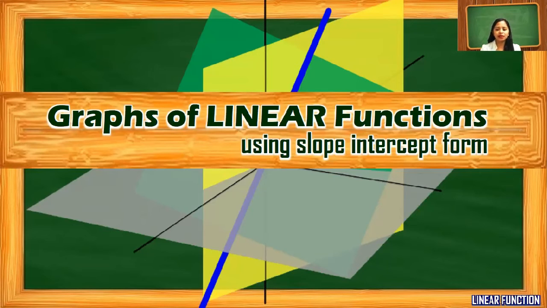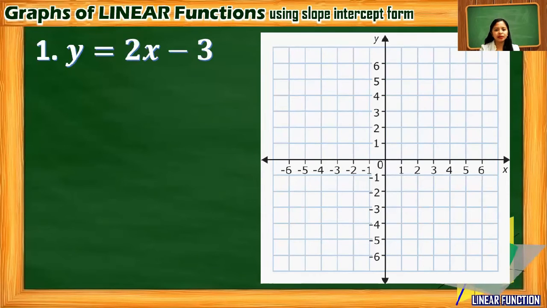There are many ways of graphing a linear function. One of these is using the slope-intercept form. We are going to focus on this because we already discussed the slope-intercept form a while ago and how to get it. To understand graphing a linear function using the slope-intercept form, let's focus on this example. We have y is equal to 2x minus 3.